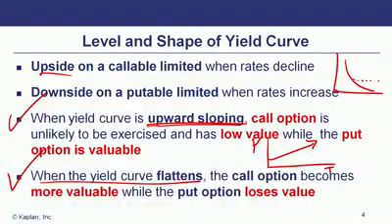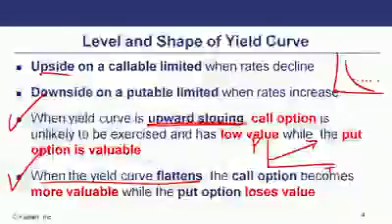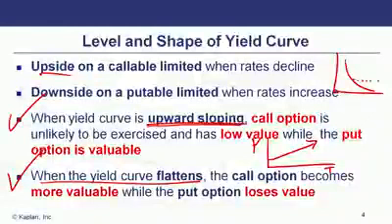If the bond is not being called today, and we have an upward sloping yield curve, well, that upward sloping yield curve means that rates are likely to increase in the future. So if rates are going to be increasing in the future, that makes it less likely that we're going to enter a state of the world where it's going to be profitable for the firm to call the bond, or to exercise the option.